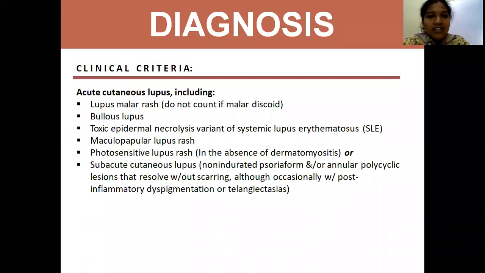So, clinical criteria: acute cutaneous lupus, including lupus malar rash, bullous rash, toxic epidermal necrolysis variant of SLE, maculopapular lupus rash, photosensitive lupus rash, or subacute cutaneous lupus.